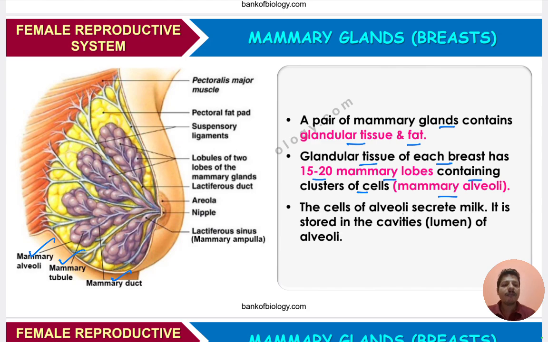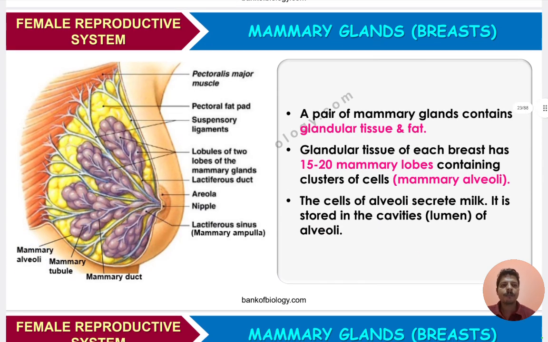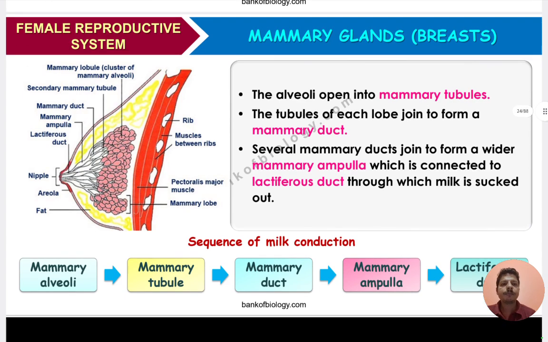The cells of the alveoli secrete milk, which is stored in the lumen of the alveoli. The alveoli open into the mammary tubule, and the tubules of each lobe join to form a mammary duct.